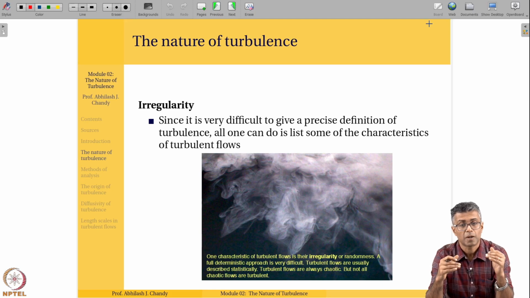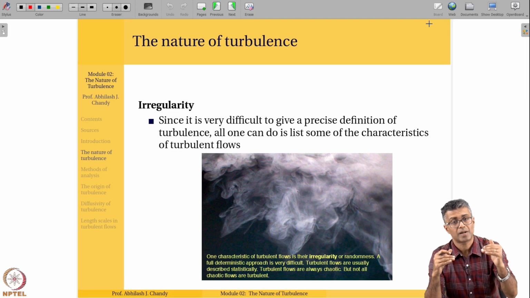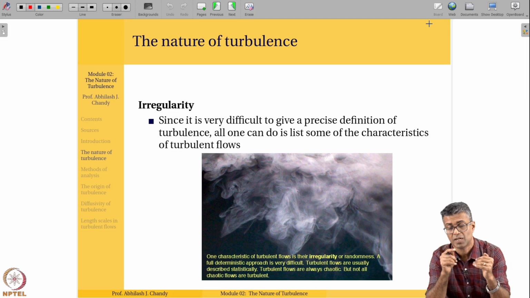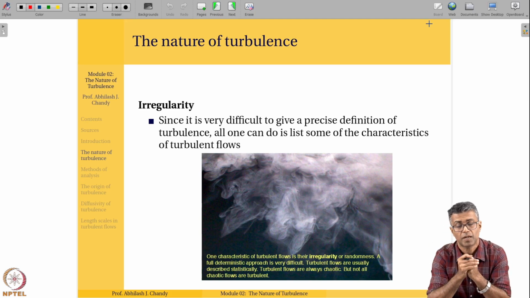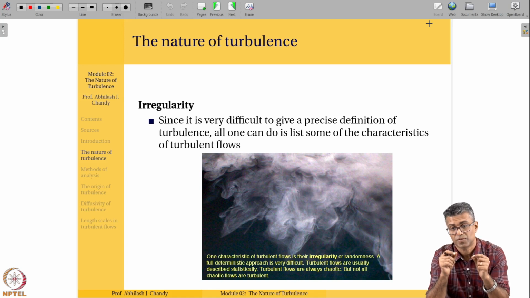That said, it is important to understand the attributes of turbulence. And the first such attribute that we are going to be describing is irregularity. One characteristic of turbulent flows is their irregularity, or what we call randomness. A fully deterministic approach is very difficult.